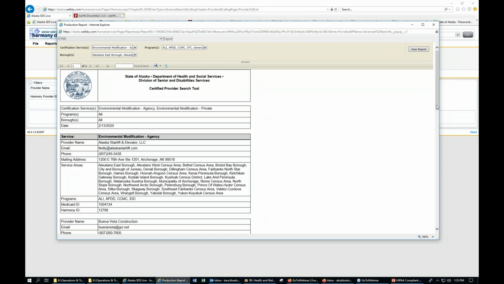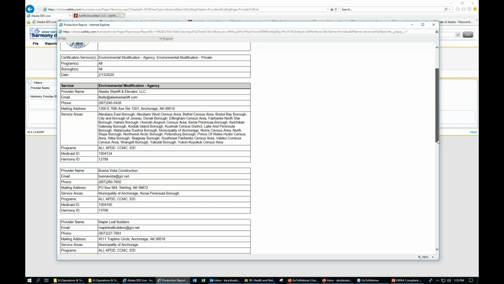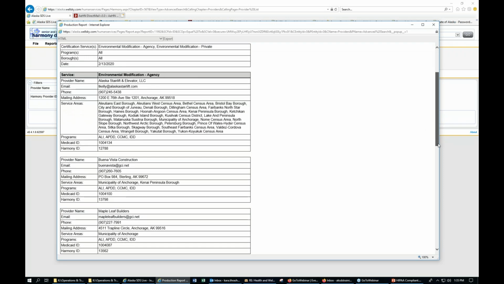But I do want to show you that it says page 1 of 1. There are only 8 certified EMOD providers right now. So we have Alaska Stairlift, and it tells the areas they serve. It has contacts. This is not a DSM address, right?